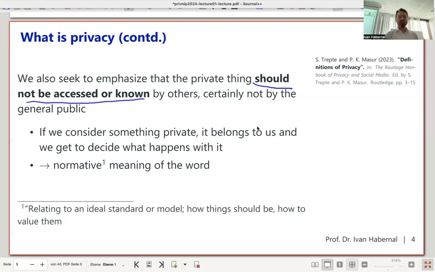Okay, cool. If the pictures are private, they belong to us, or maybe to you and your friends, and we get to decide what happens with them. So we're using the normative meaning of the word, which is how things should be, what the norms are. So it's basically a philosophical treatment of privacy. There's lots of research, and I'm always putting these references here.